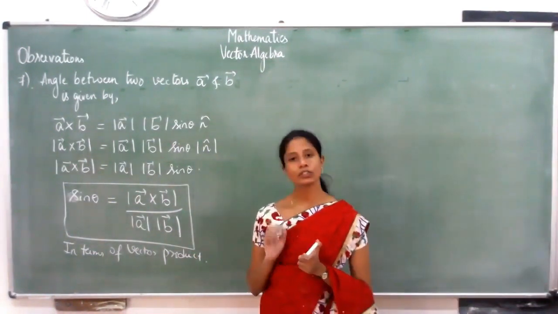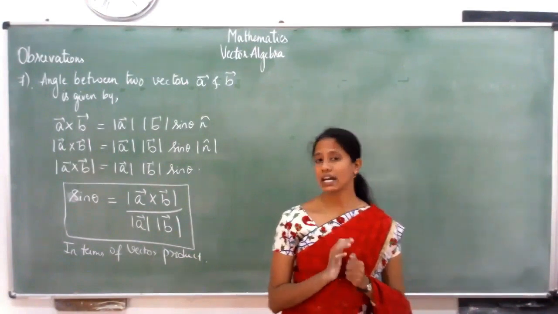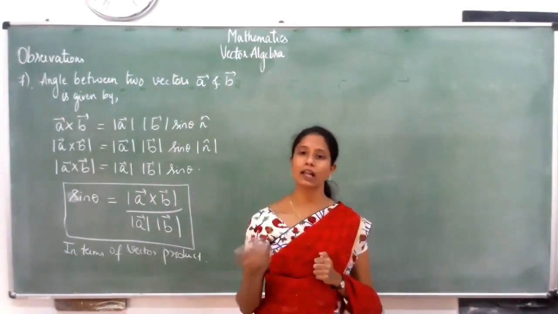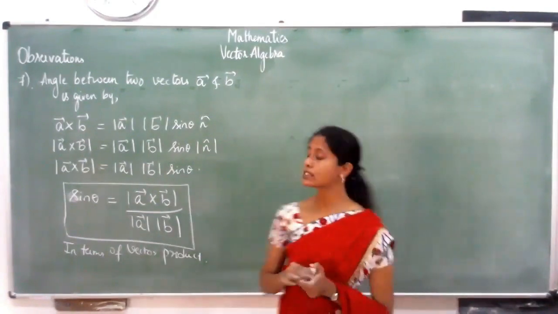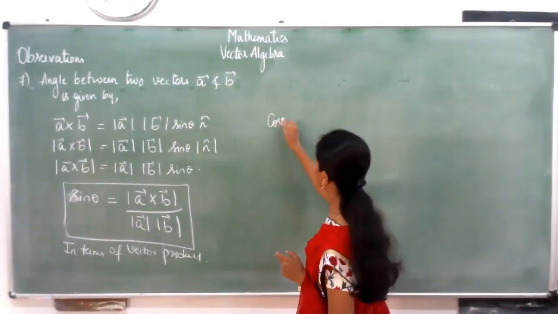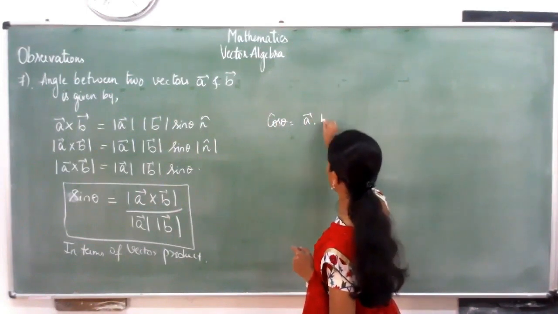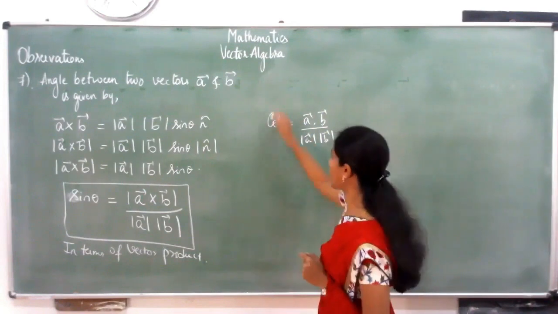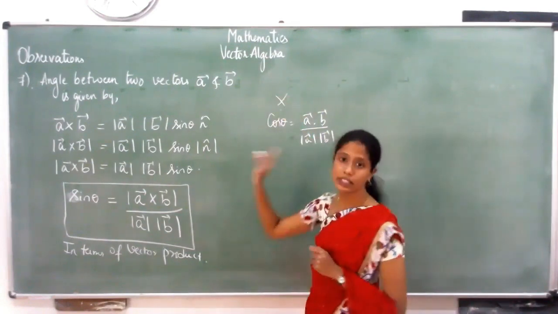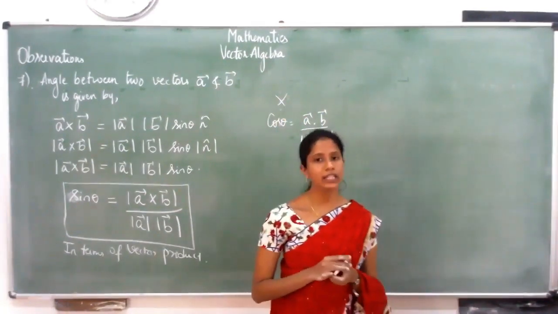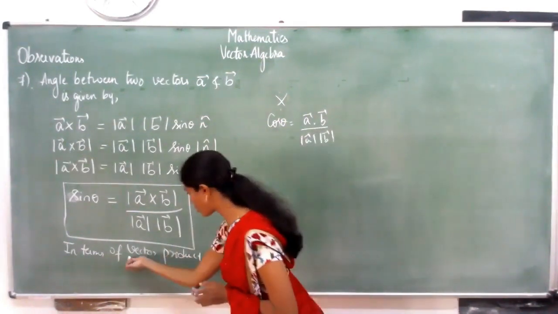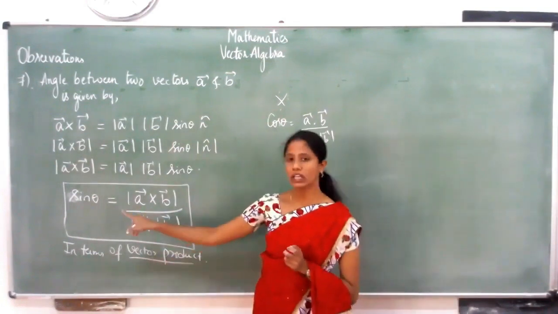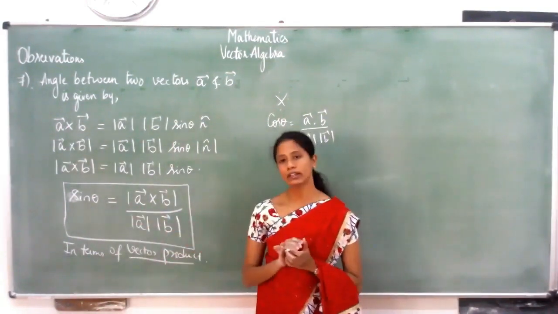One thing you should remember is, whenever they ask in your exam what is the angle between the two vectors, you are going to use cos theta equal to vector A dot vector B by magnitude of vector A into magnitude of vector B. Only in the case where it is specified in terms of vector product are you going to use the sine theta formula.